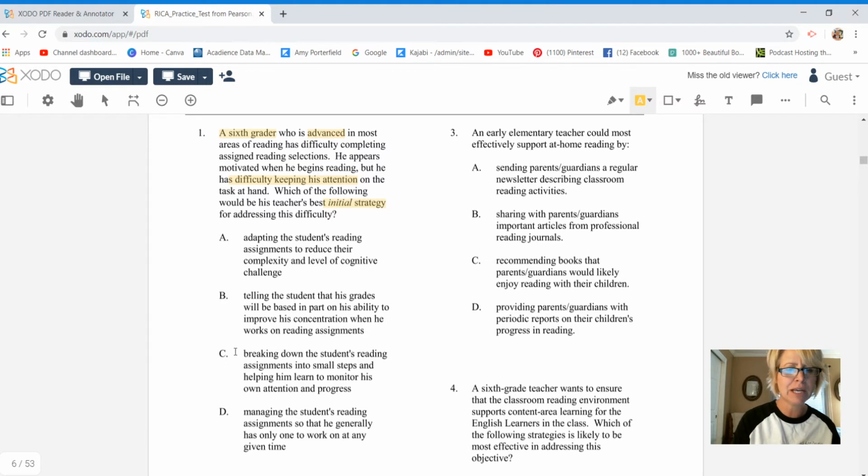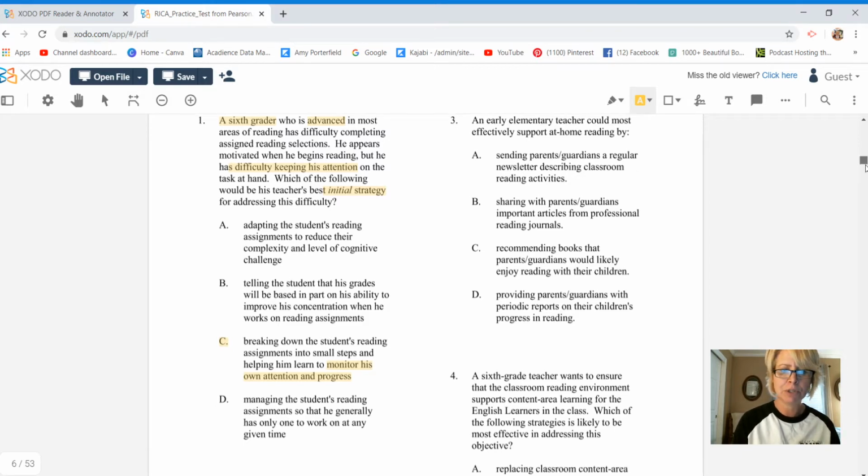And I would say that our best choice here is C. And really C, because we're going to give this student at the beginning the opportunity to monitor himself, and I really like that. We're going to break the assignments into chunks, and he can monitor his own attention. Now that's empowering. D is more of, we're going to do it for him. So I like C as your choice here.